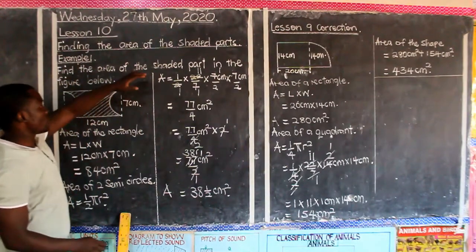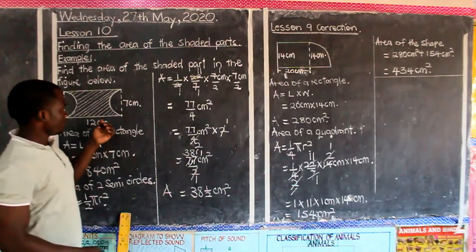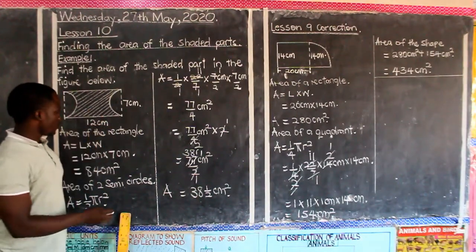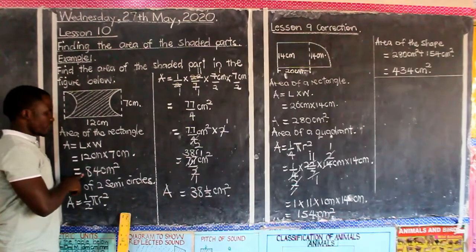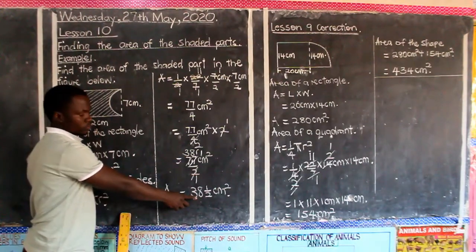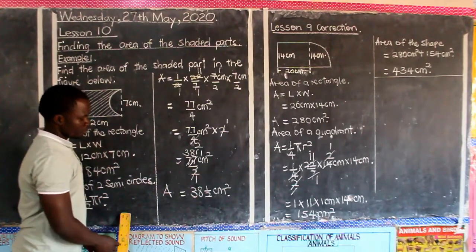So how do you get the area of the shaded part? You are going to get the area of the rectangle minus the area of 2 semicircles.